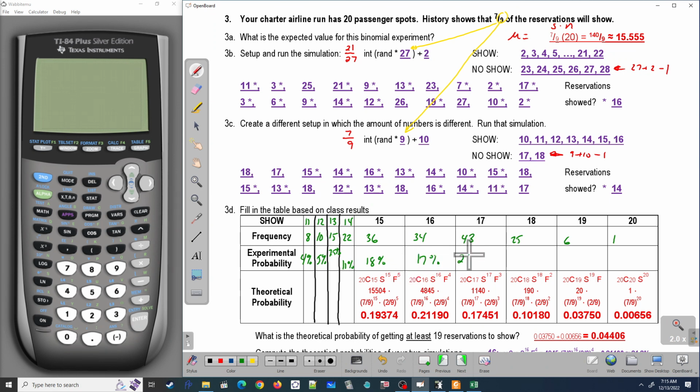This was 21.5% of the time. This was 12.5% of the time, and 3% of the time, and finally 0.5% of the time.